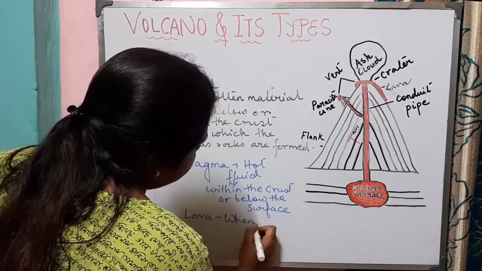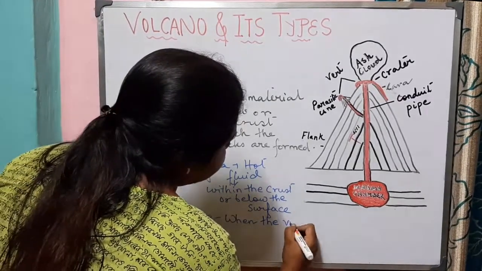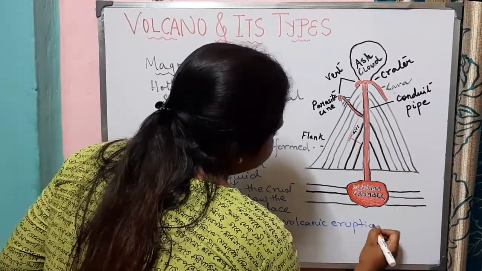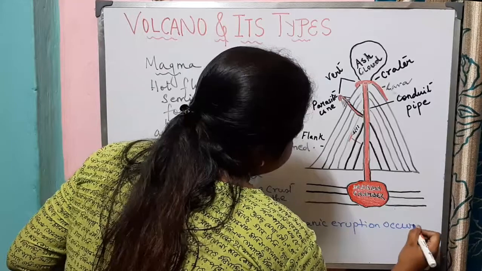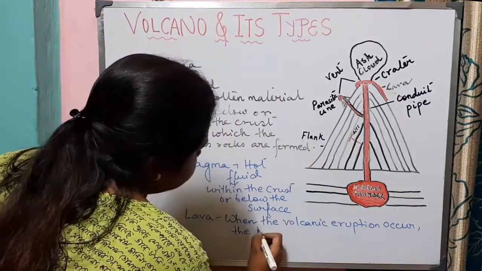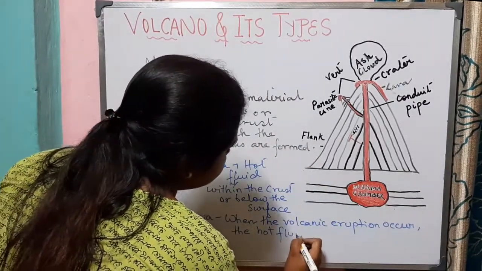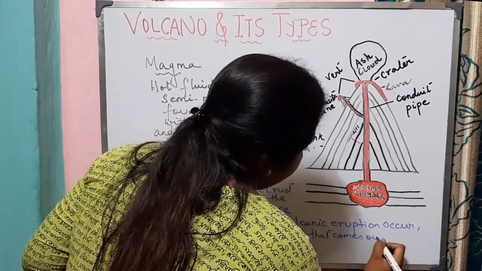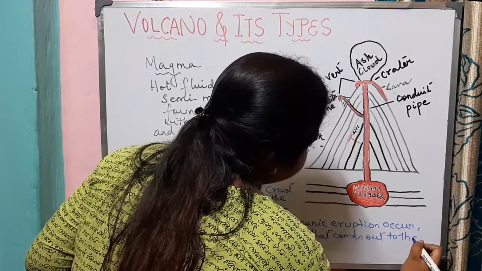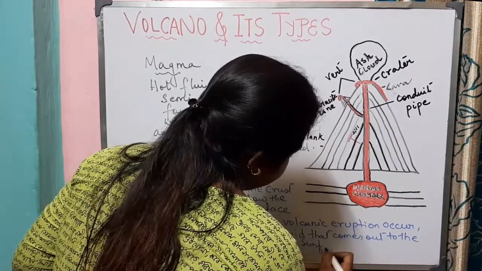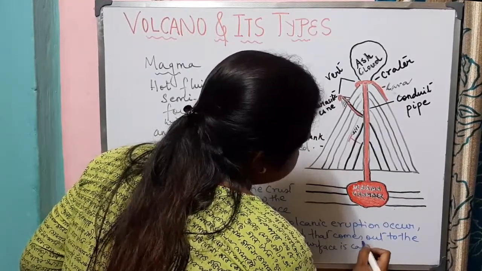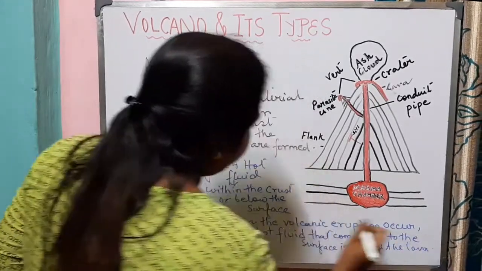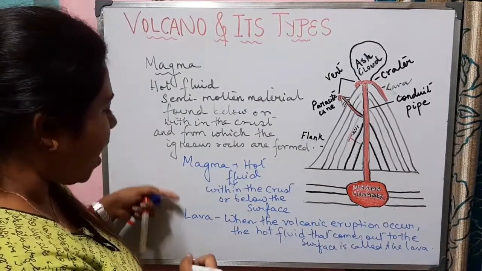When the volcanic eruption occurs, the hot fluid that comes out to the surface is called the lava. So I hope all of you can understand the difference between magma and lava.